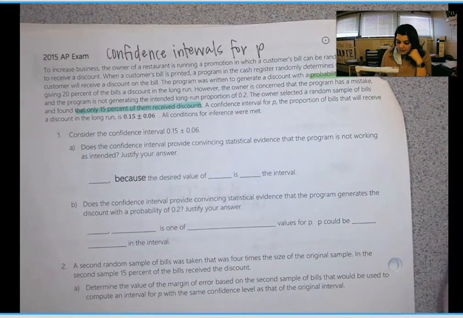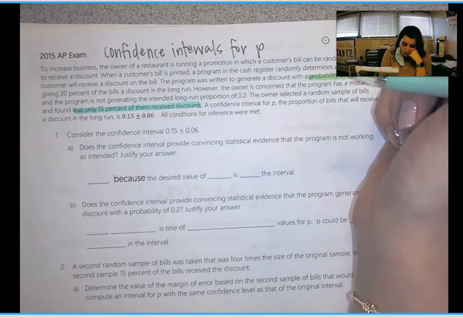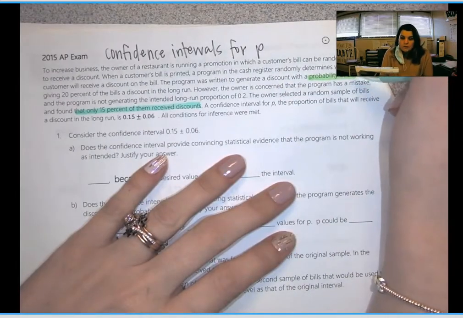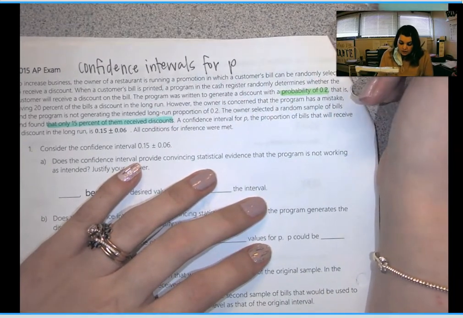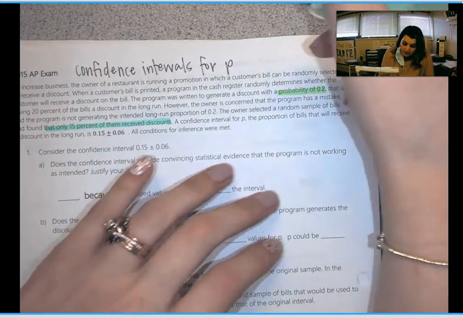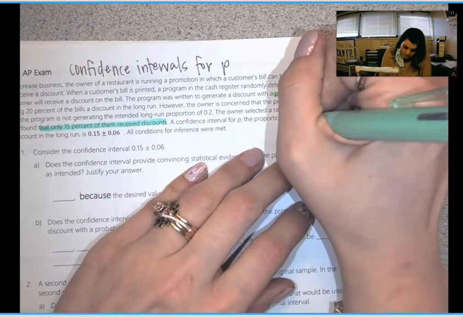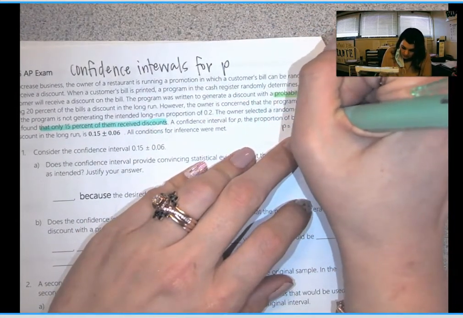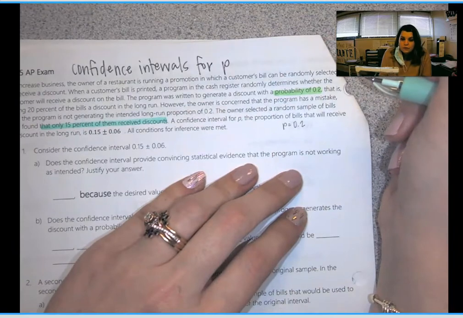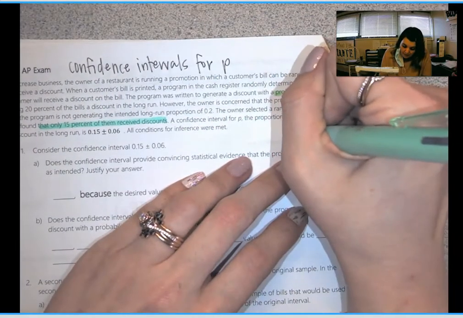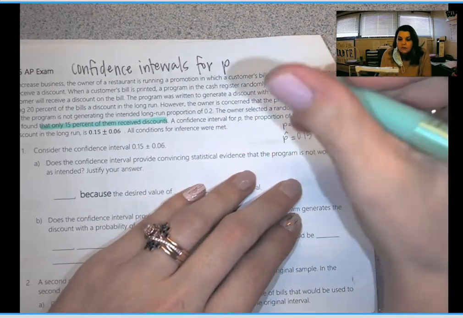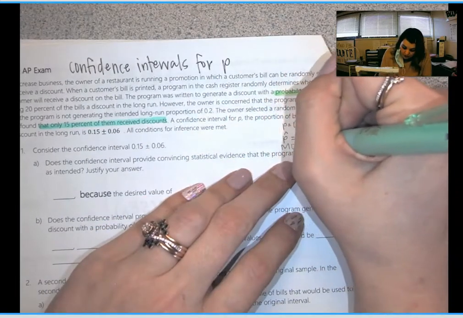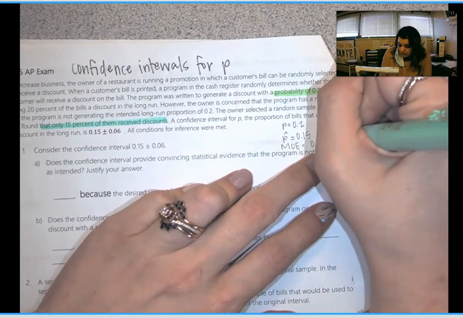So I'm going to write down right here what I know. We're hoping that the probability is 20%. So we're hoping that P is 0.2. We have a P hat of 0.15 and a margin of error of 6%.